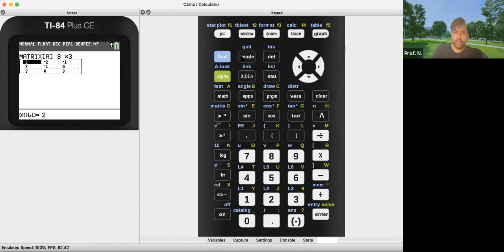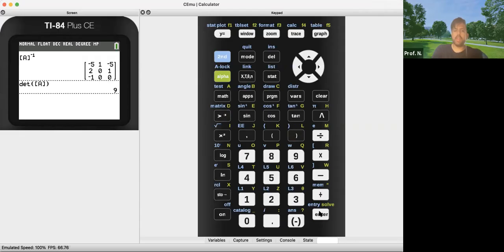Then I'm going to go back and go to second matrix. And guess what it says on the math? The first option is determinant, DET. Then you do second matrix, you apply A, and let's cross our fingers that we get the same thing. 9, boom. So I guess we're doing the right thing.